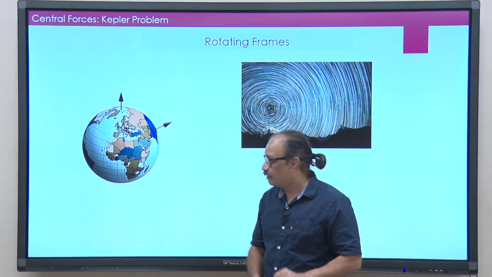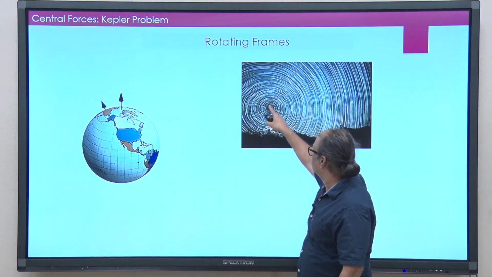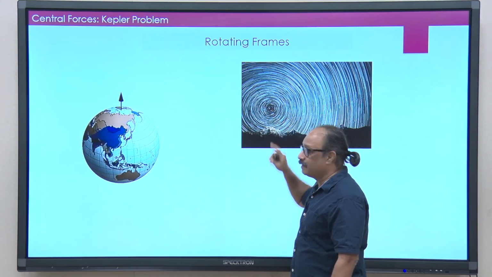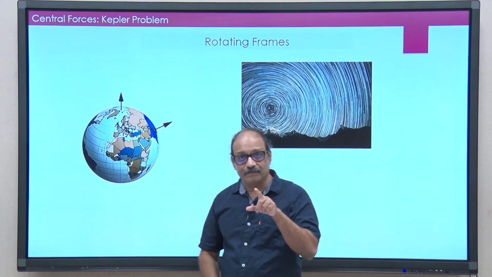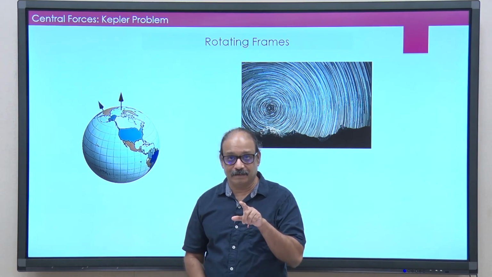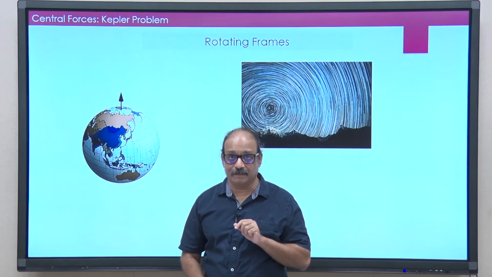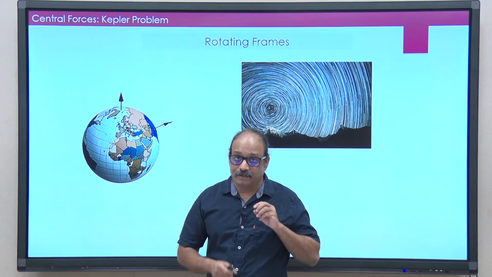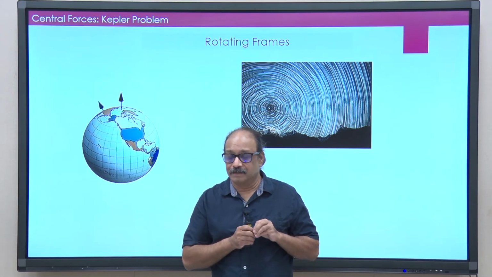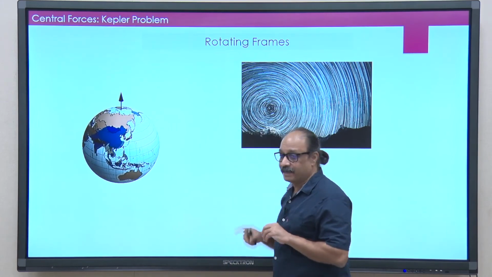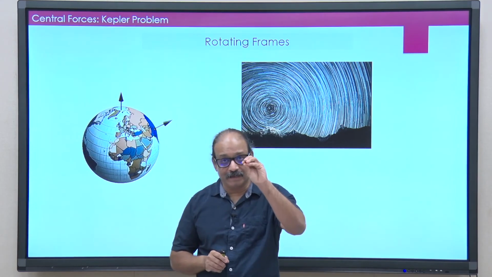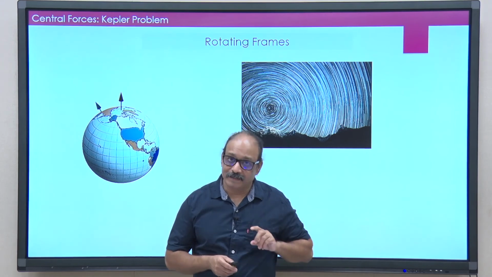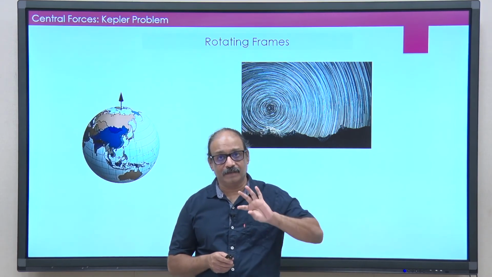But now you can identify those circles there, and you can identify a point which does not spin or go around in a circle. So, from the center of the Earth, in that direction where you see that non-moving point, that is the direction in which Earth is spinning.